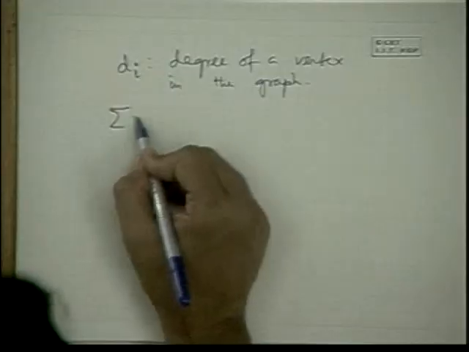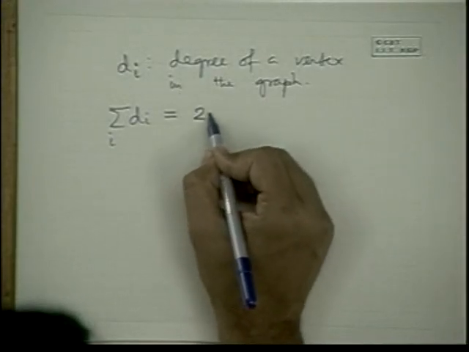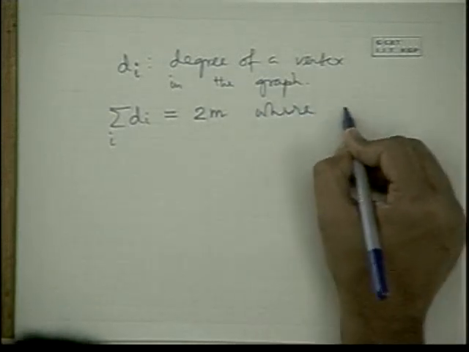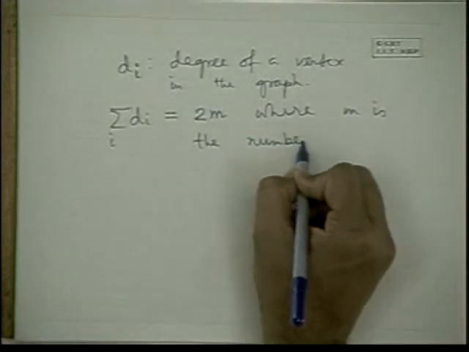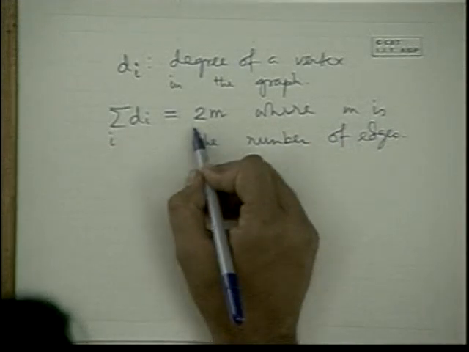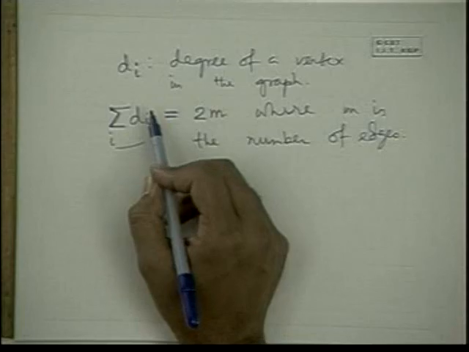Now the sum of di over all i, it can be proved that it is exactly equal to 2m, where m is the number of edges. The proof is very simple actually. You are counting all degrees over all the vertices.